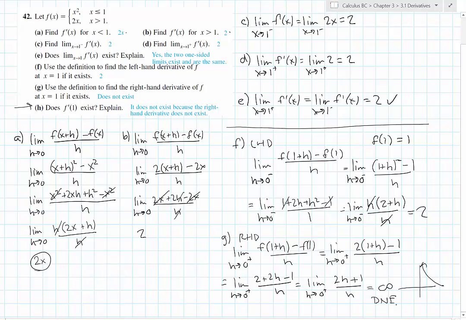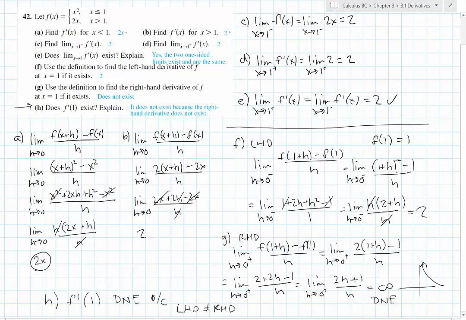Now, because the left-hand derivative and the right-hand derivative don't agree, we say that in part H, f prime of 1 does not exist, because the left-hand derivative does not equal the right-hand derivative. Now, you may say, but wait, we looked over here and they matched.